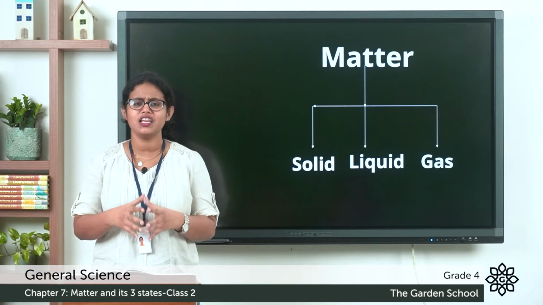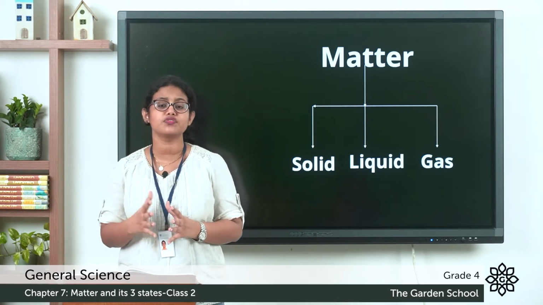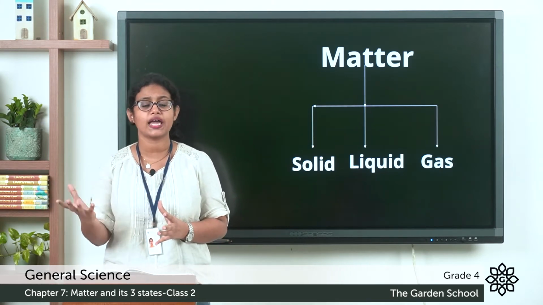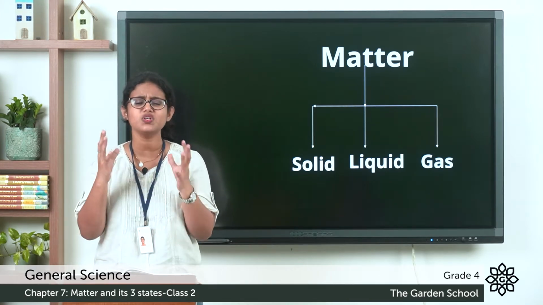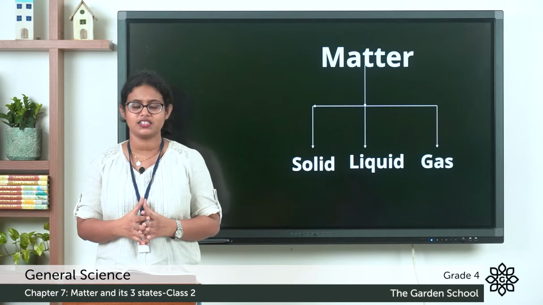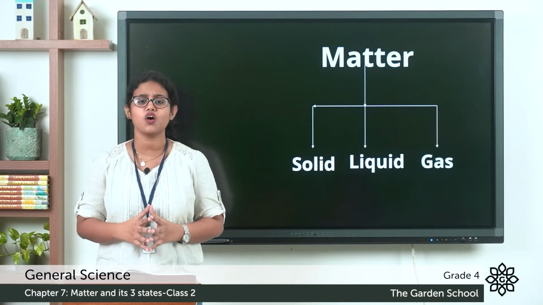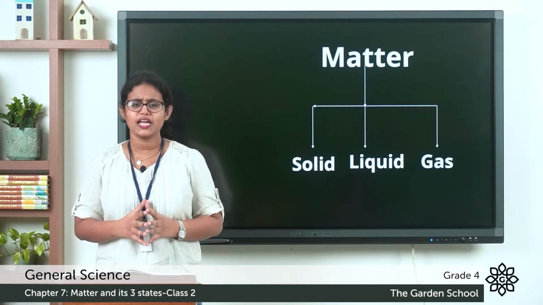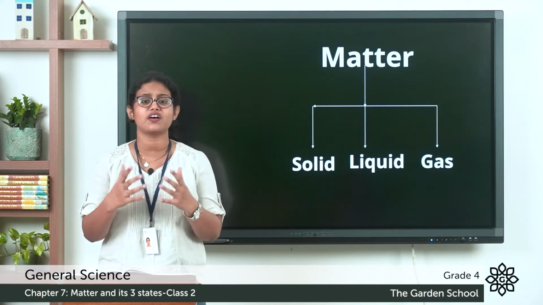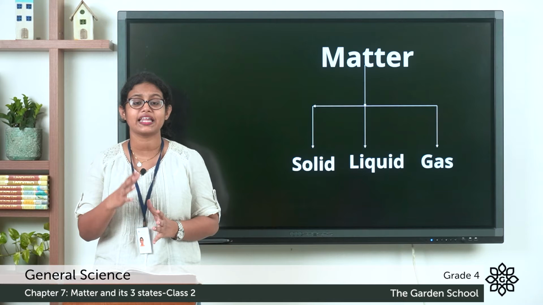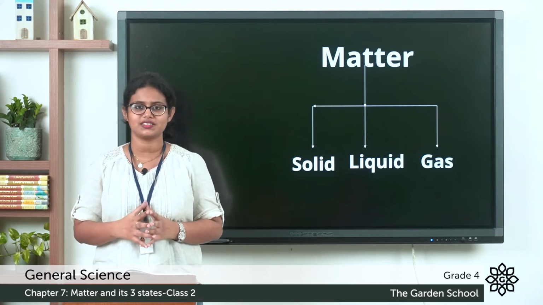We can see a large amount of water in the form of snow and ice. If you have seen a mountain peak, it is fully covered with ice, and that is the solid state of water. And what about oceans, rivers, lakes? They are filled with water, and that is the liquid state.